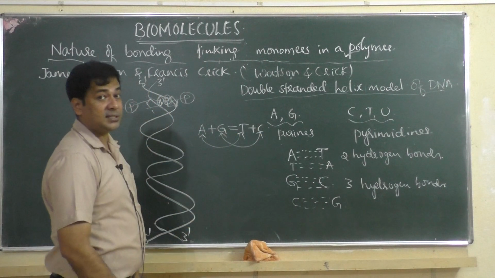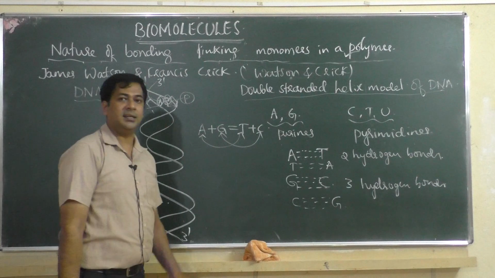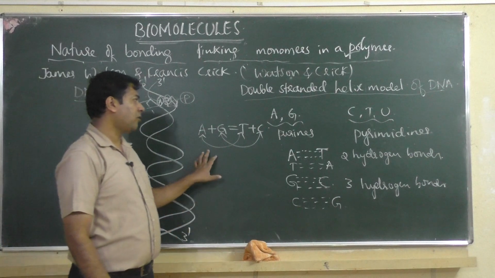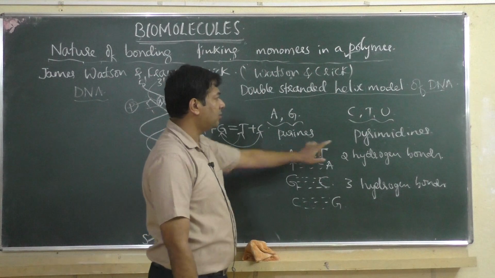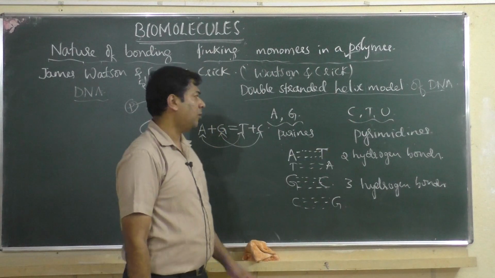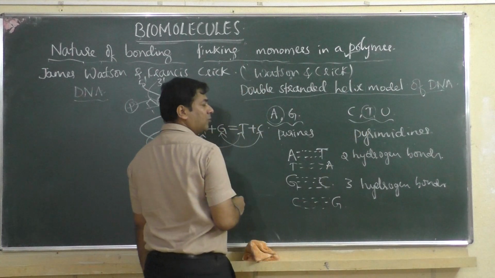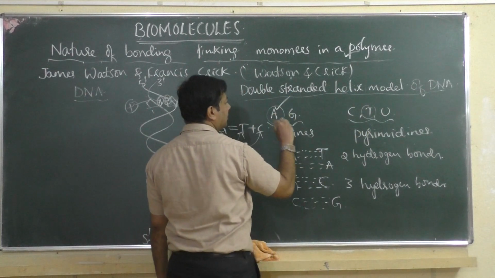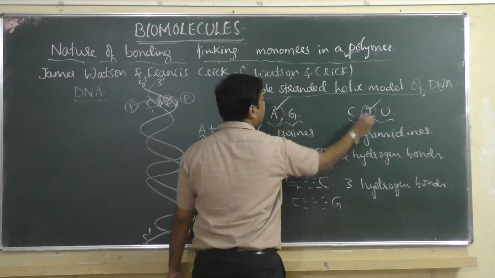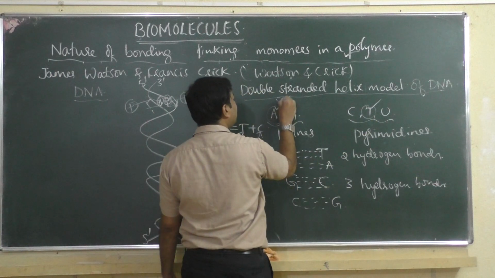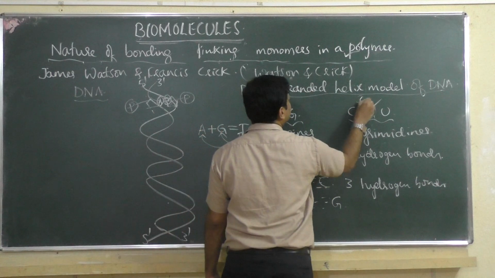I'll tell you why he said like that. Because he said in a DNA, the number of purines is always equal to the number of pyrimidines. Means how many purines will be there, that many pyrimidines will be there. Equal number. Like if A is there, then T will be there. Or if T is there, A will be there. Like 50 A's are there, then 50 T's will be there.